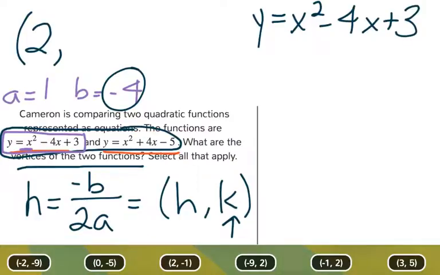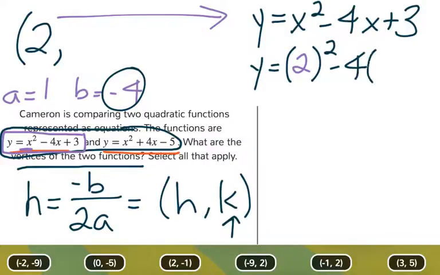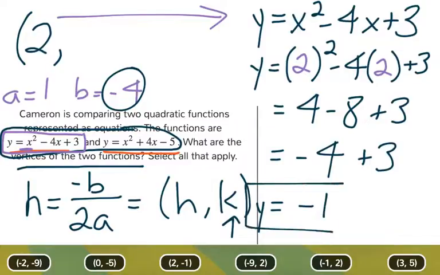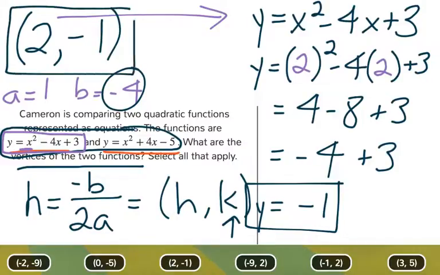So we plug the 2 right back in: y equals 2 squared minus 4 times 2 plus 3. 2 squared is 4, minus 4 times 2 is 8, plus 3. 4 minus 8 gives us negative 4, because the negative number is bigger, plus 3 gives us negative 1. So the y value is negative 1, which gives us a vertex of 2, negative 1.